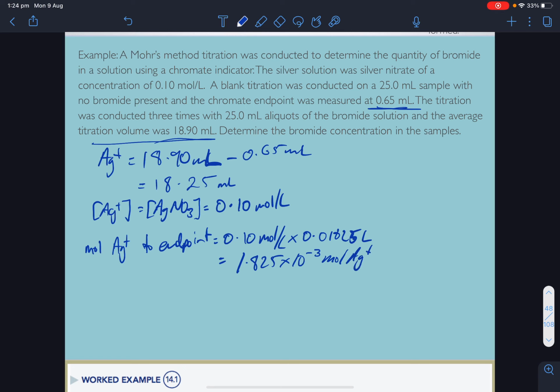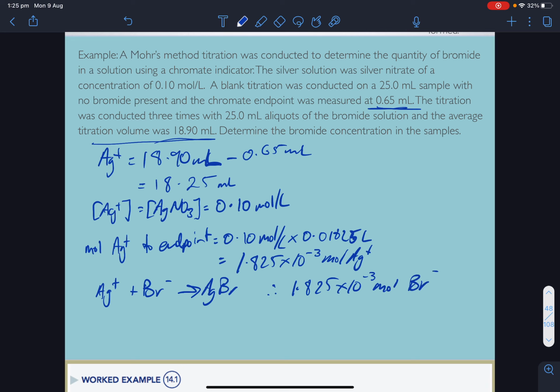silver. And because we're testing for bromide, aren't we? It gives silver bromide. It's a 1-to-1 ratio, so therefore 1.825 times 10 to the negative 3 mole of bromide, and it was in a 25 mL sample.